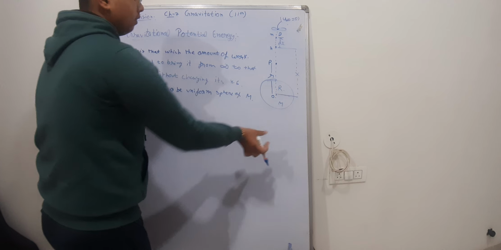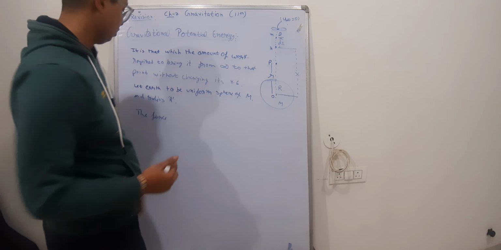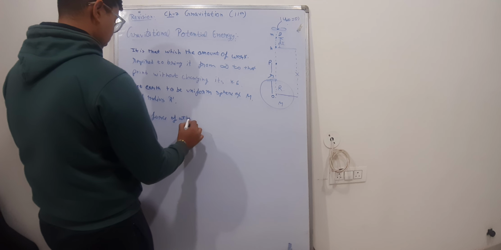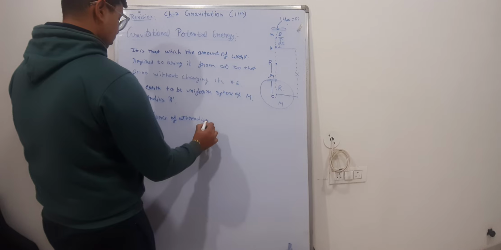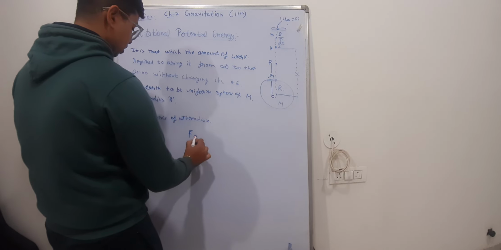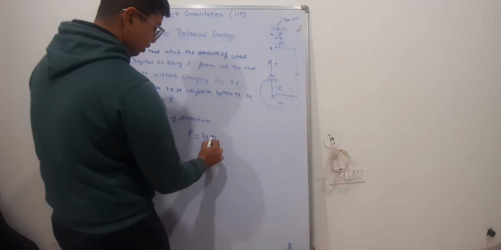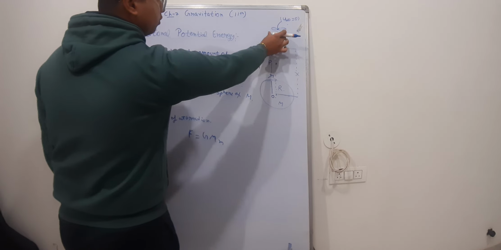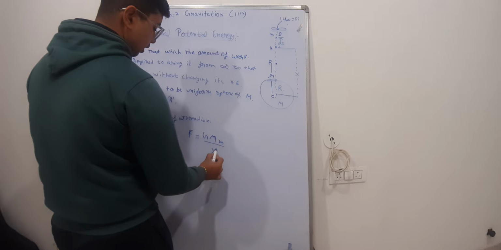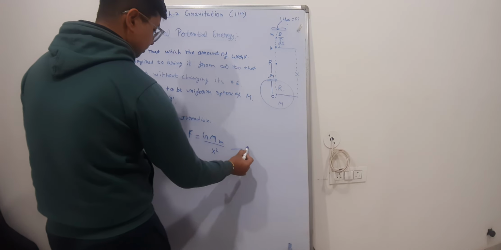When we bring the body from outside into the gravitational field of the earth, it experiences a force of attraction. What is the force of attraction? F is equal to G M m divided by x square, where capital M is the mass of the earth, small m is the mass of the body, and x is the displacement. This is equation number 1.